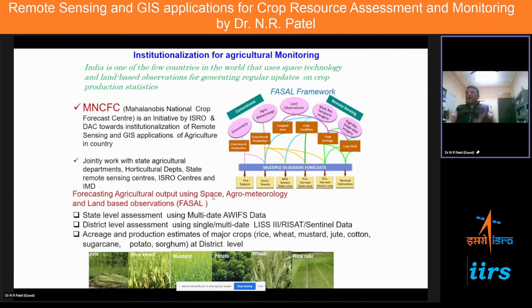Weather determines the season of the crop, and weather determines the condition of the crop also. So if we integrate weather along with the observation, then we can monitor agriculture nicely with space along with agrometeorology and land observation.